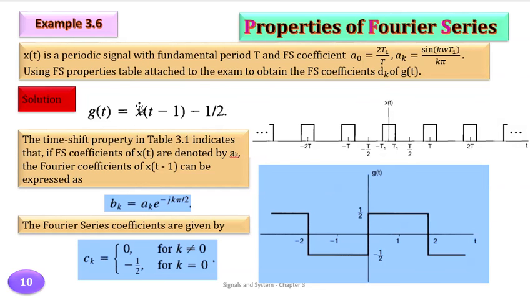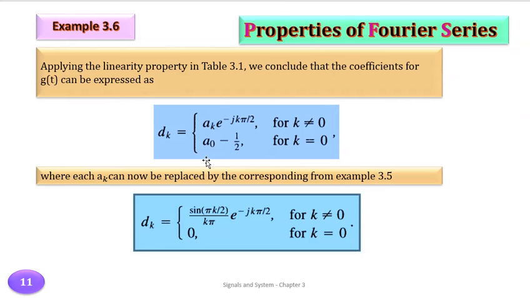So we have one time shift, and also we deducted the constant. This constant, of course, is going to be deducted from a0, right? Because a0 is the constant here. Always a0 is the constant part. So in the final answer, your constant is going to become a0 minus 1 over 2.